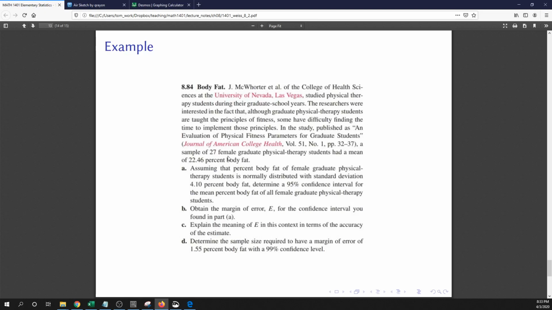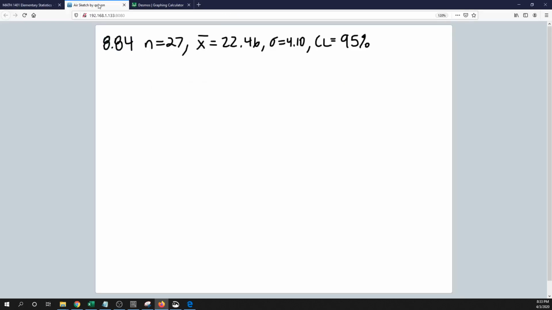The mean x bar was 22.46, sigma in part A is 4.10, and our confidence level is 95%. That's what we're looking at.